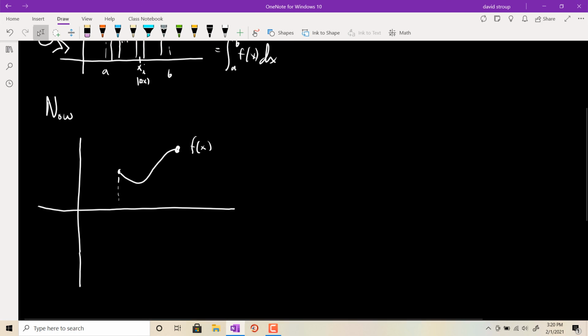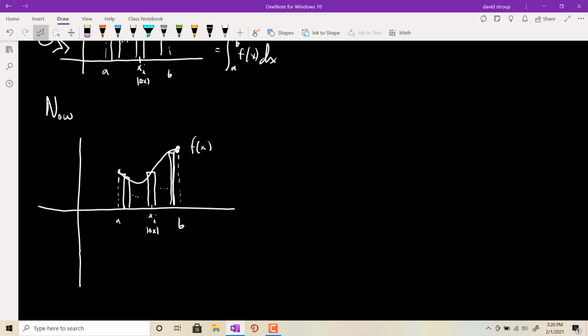Going from some point A to some point B, the construction of rectangles is exactly the same. Then we'll have one arbitrary rectangle here at location x sub i with width change in x, and on until you get to the last couple rectangles.